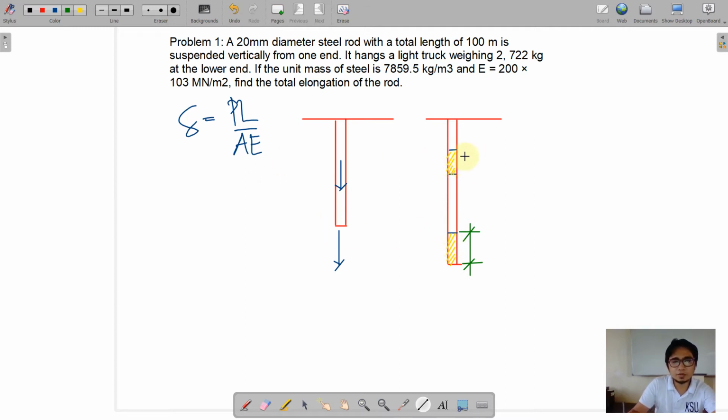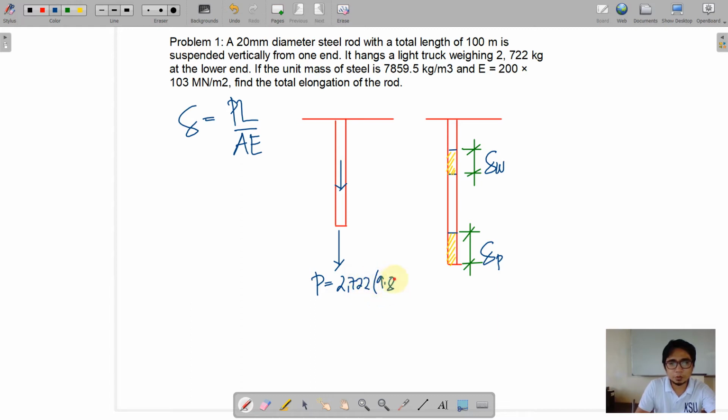And for this one, the delta due to the self-weight of the bar will just occur on the upper portion of the whole length of this bar. So if we illustrate this as delta due to weight and this as delta due to the force P, let us have here now the P. This is equal to 2,722.